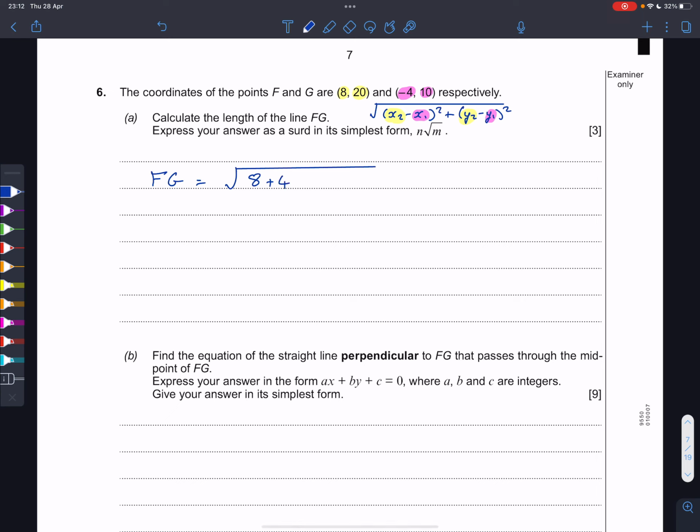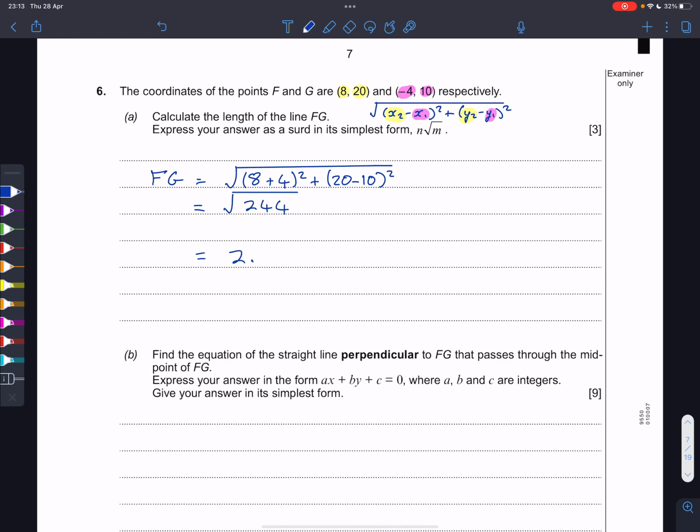So we've got minus negative 4, so that's plus 4, all squared, plus y2, which is 20, minus 10, all squared. Which gives us the square root of, so that's 12 squared plus 10 squared, which is 244. And it wants it in surd form, so if I just root that on my calculator, it's 2 root 61.